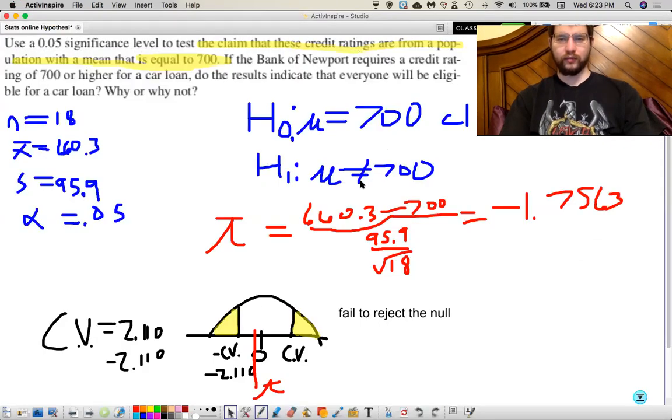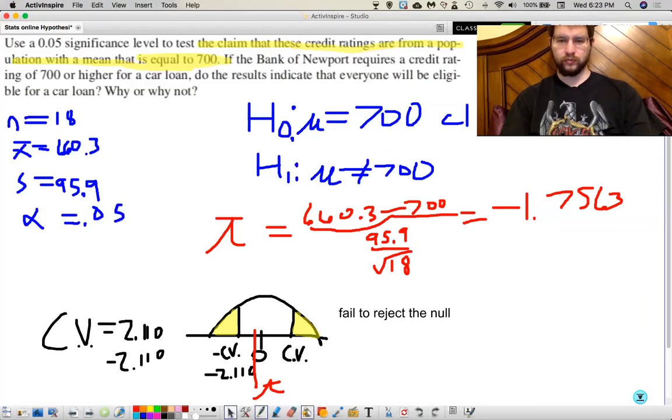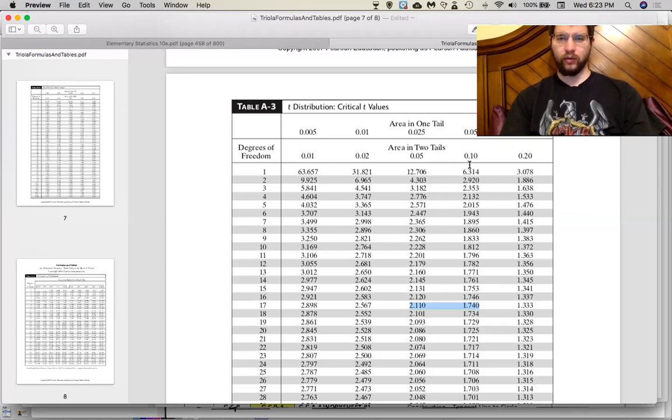We have a two-tail. So the area in two tails right here is where we're looking. That means P is between 0.05 and 0.10, pretty close to 0.10. So P is less than 0.10.